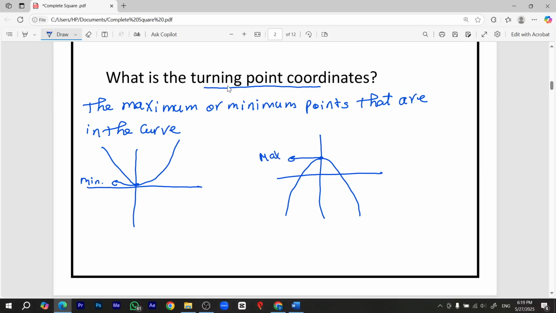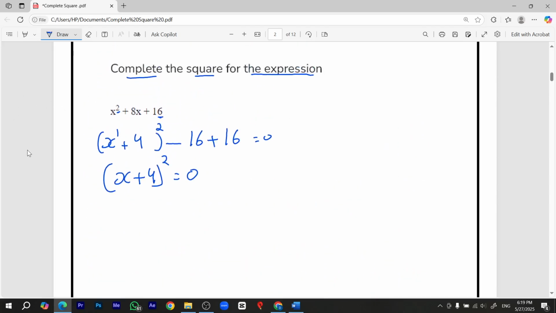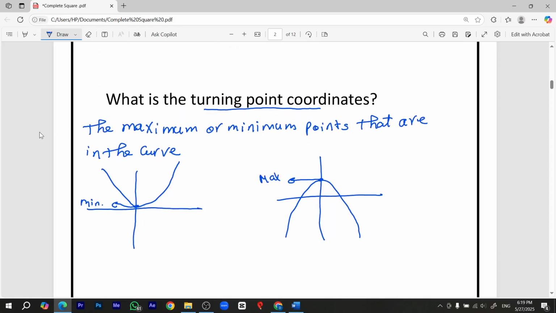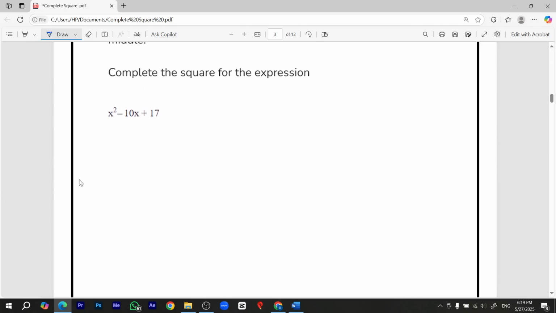Completing the square allows me to get these turning points, either a minimum or a maximum point. We will see how to get the turning points in the upcoming example.